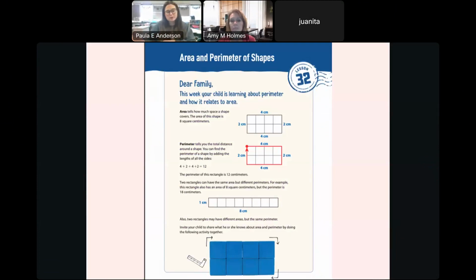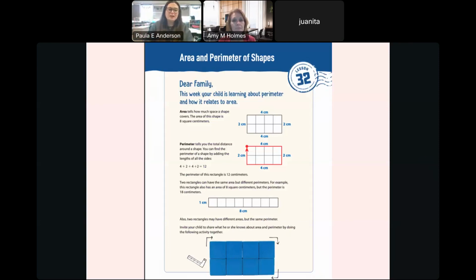Some of them are starting it Tuesday, or some may have started it today. If you don't see this letter coming home today, it may come home later in the week. We are a few days behind, a few days ahead, so we're all in general around the same area. But if you didn't see this letter come home today, it will be coming home soon.